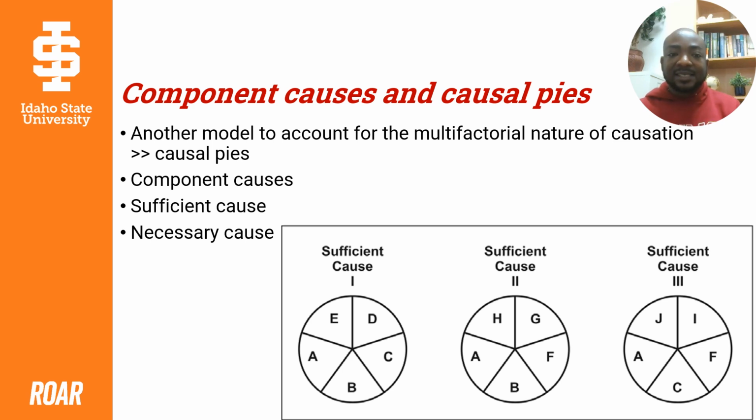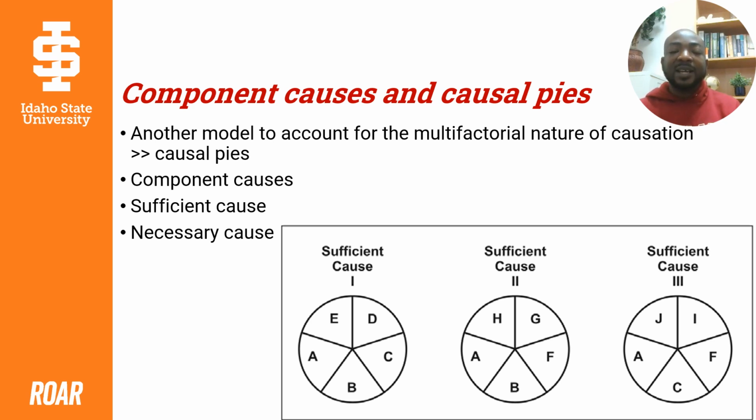But because lung cancer can develop in persons who have never been exposed to either smoking or asbestos, a proper model for lung cancer would have to show at least one more sufficient cause pie that does not include either component B or component C. Note that public health action does not depend on the identification of every component cause.